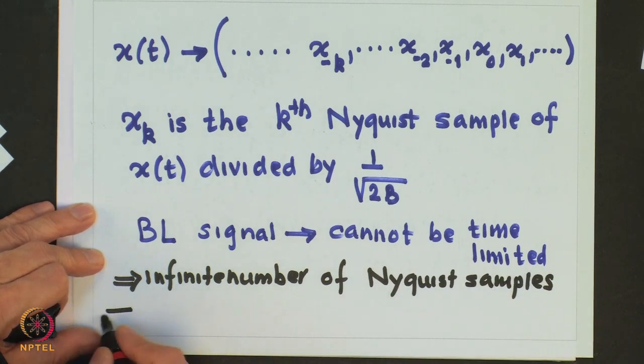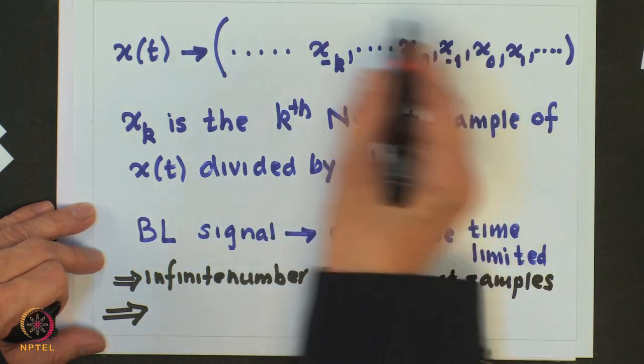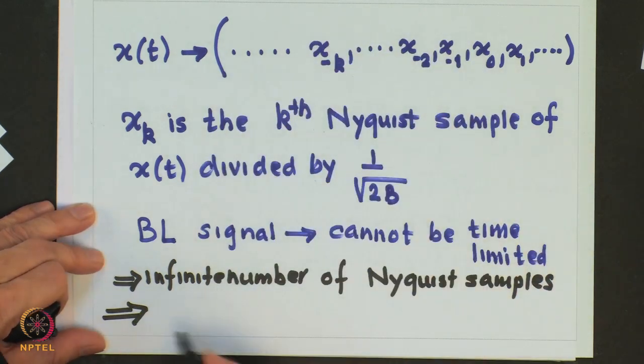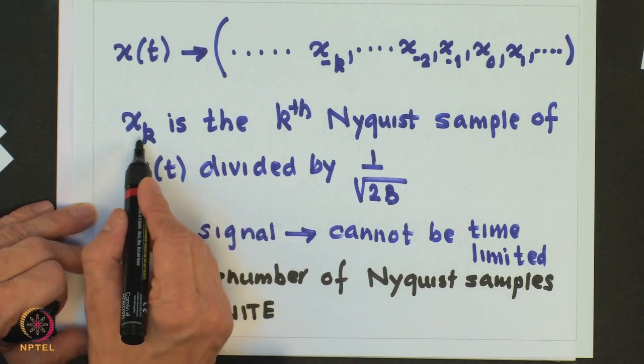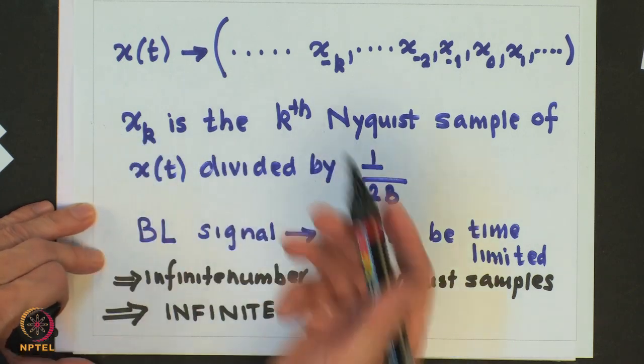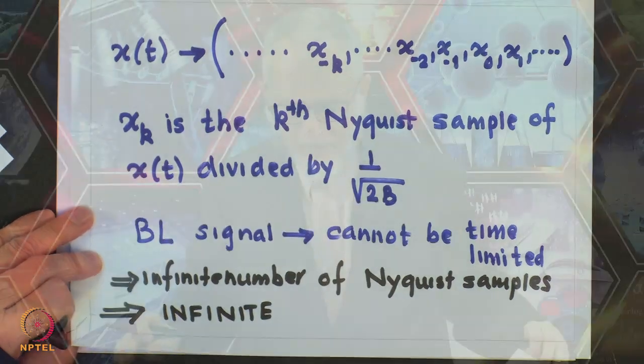Correct? So, this implies that the dimensionality of this vector space is going to be infinite, because this x_k, k will go from minus infinity to plus infinity.